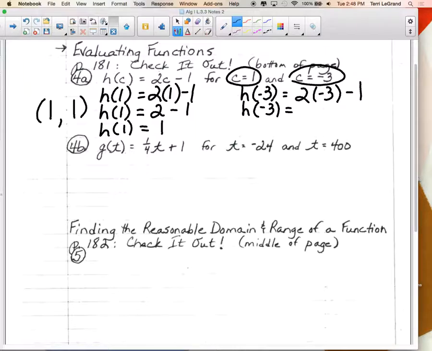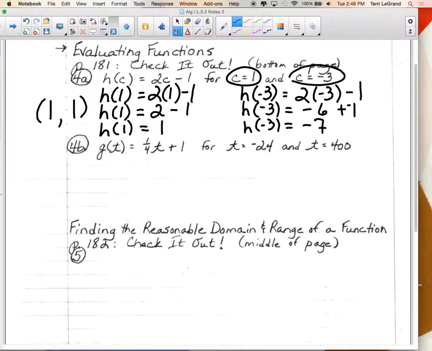So what's 2 times -3, first of all? -6. We multiply before we subtract, and then we can subtract. Now, h of -3 is -7. If you need to change this to add the opposite so you can do it, then do that. -6 plus -1, that's -7.